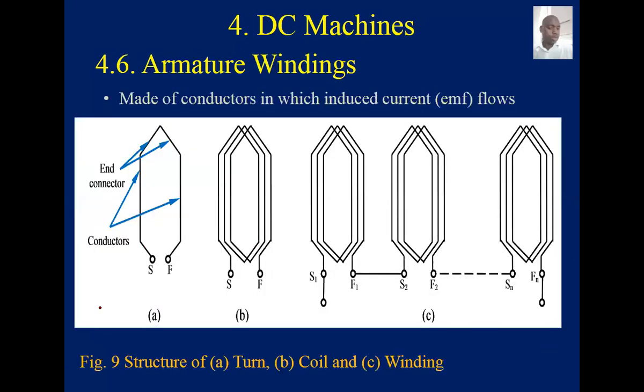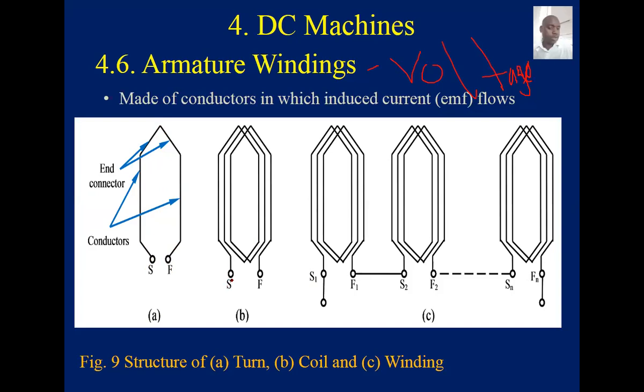Now, when we are talking about armature windings, remember I said in the armature, that's where we talk about the voltages. The armature, the induced voltage and the like, that's in the armature, induced EMF. So this is a conductor, right? So its ends are connected there, right?